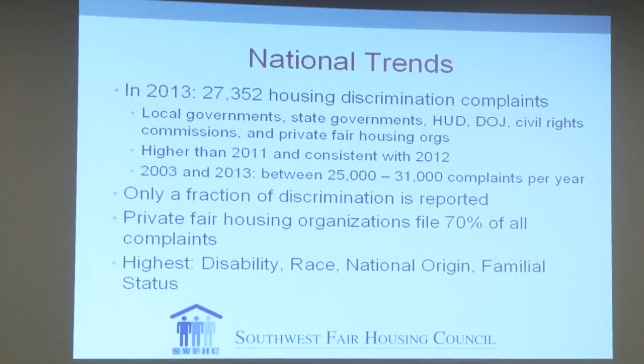They went through HUD, the Arizona Attorney General's office, through offices and organizations like the Southwest Fair Housing Council. They've been pretty consistent, a little higher than in 2011, but consistent with 2012. And between 2003 and 2013, there were between 25 and 31,000 complaints filed every year on a national level.